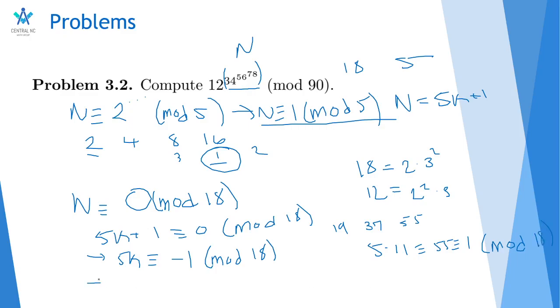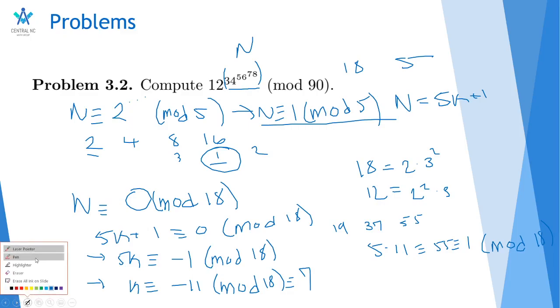So if we multiply both sides by 11, we'll have k isolated here, and we'll have a negative 11 over here, which gives us k is congruent to negative 11 mod 18, which is congruent to 7. Let's note that here. Let me just erase this side stuff so we have some more room to actually solve out the congruence.